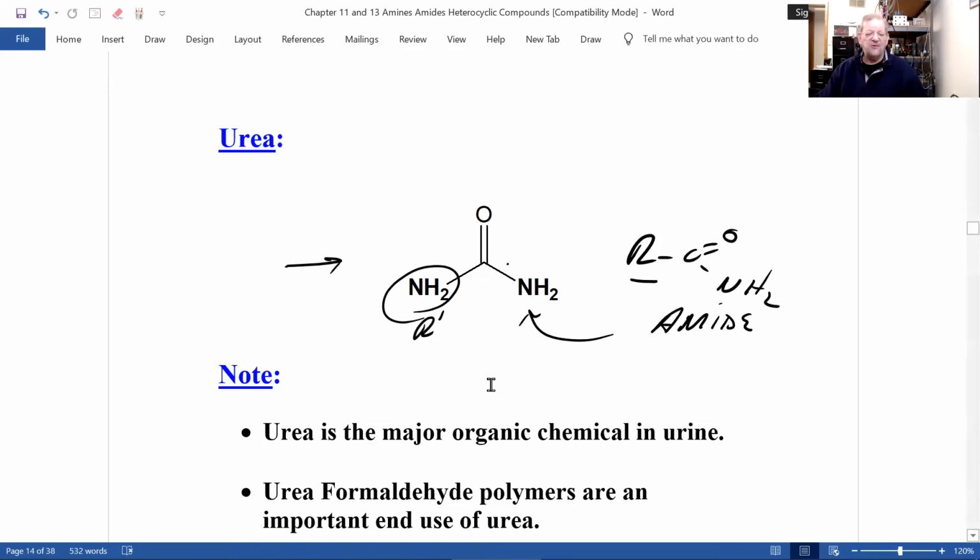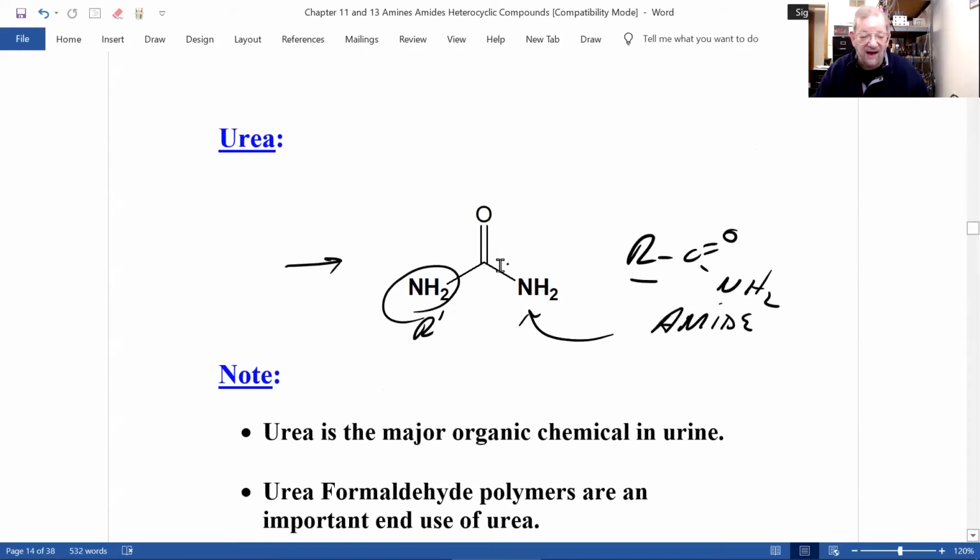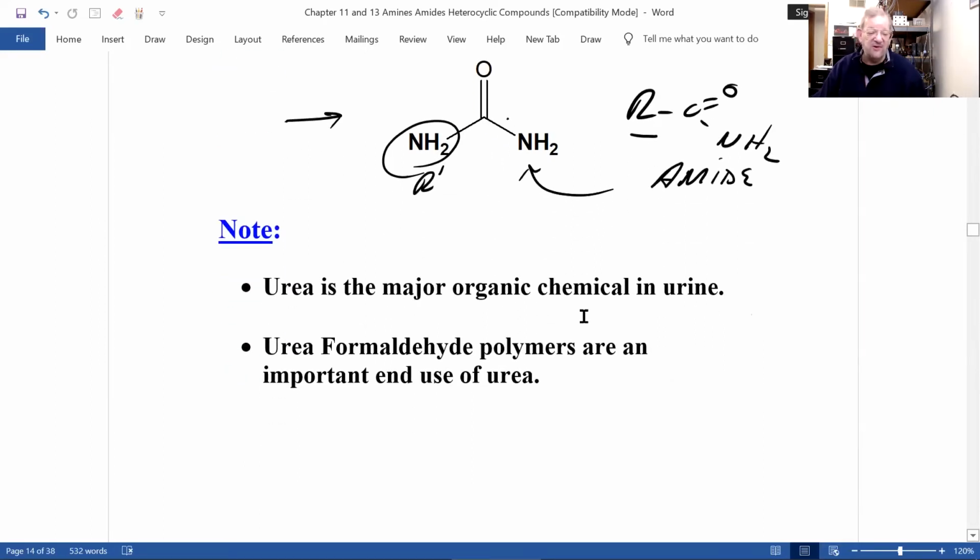Now, urea is the major organic molecule or chemical in urine, both human and animal. And this is one way our body has of getting rid of nitrogen waste. The major chemical in urine is obviously water, but this is the major organic.